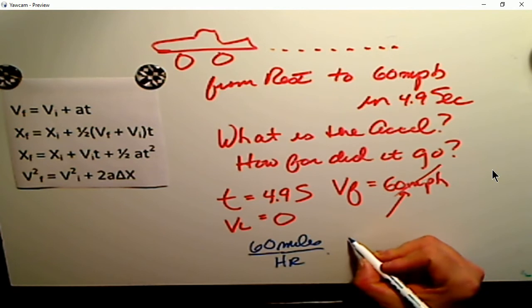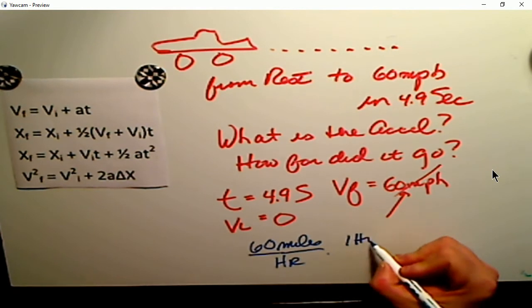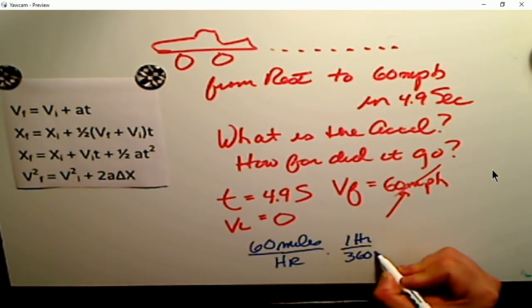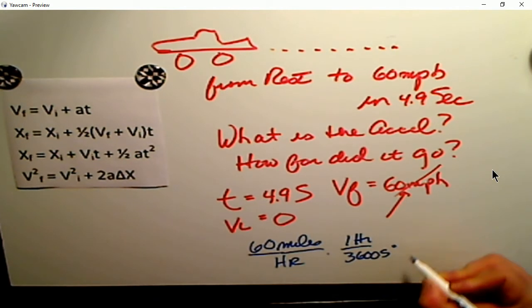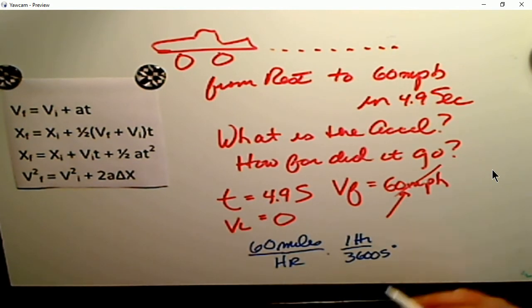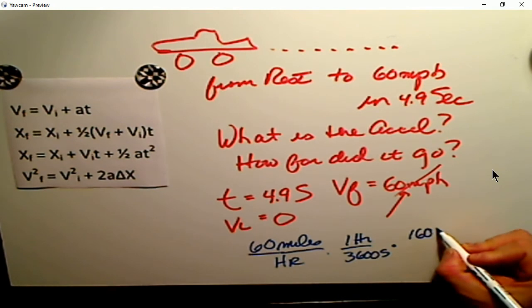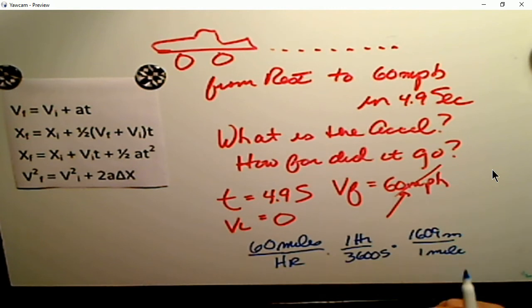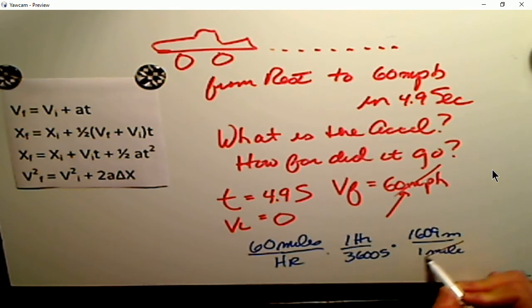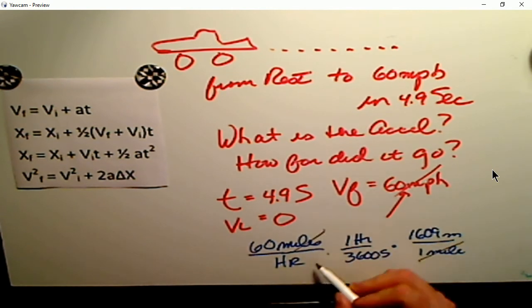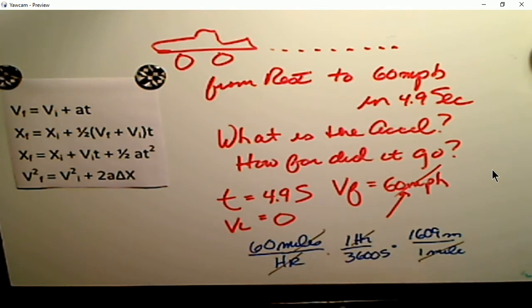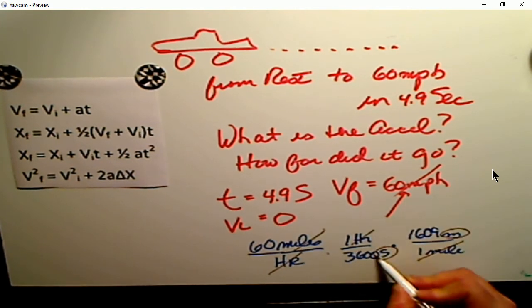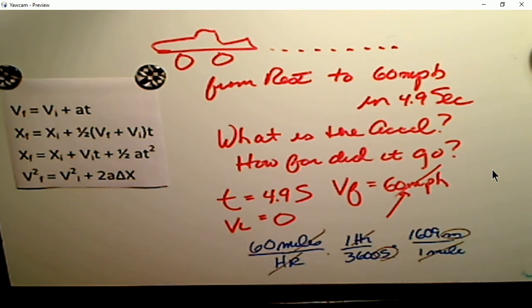And there are, in 1 hour, 3,600 seconds. And there are 1,609 meters in 1 mile. You see what happens here is that, just like we did with dimensional analysis, miles are going to cancel, hours are going to cancel. All I'm left with is meters per second, which is the standard SI unit.